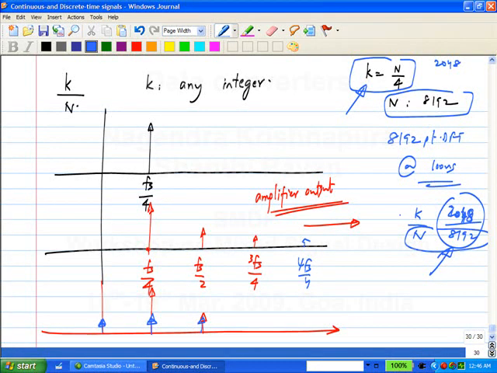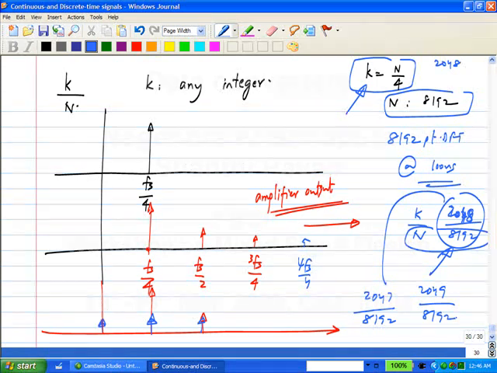Yeah. So the closest thing is you take the next or previous integer. You take 2047 by 8192, which is very close to this, or 2049 by 8192. So let me evaluate the harmonics explicitly and show you.